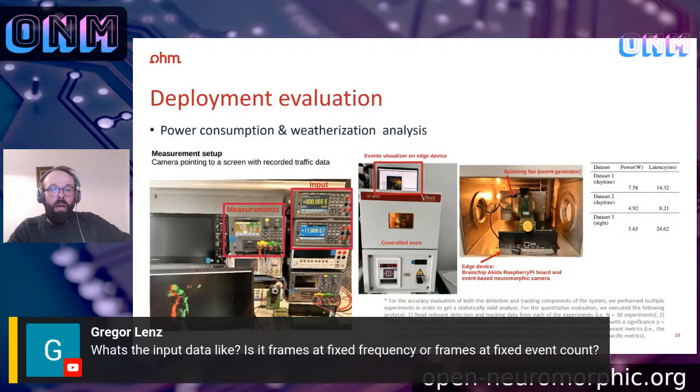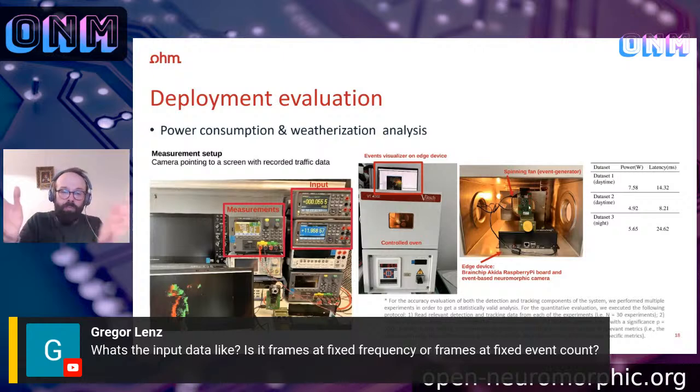Aside from that, afterwards we also wanted to see the weatherization capabilities. So we took the BrainChip board and the DVS inside an oven, because they said your system should survive without a huge performance deterioration when it runs in the California sun, at 65 degrees Celsius or even more. So we put our system in the oven at 65.